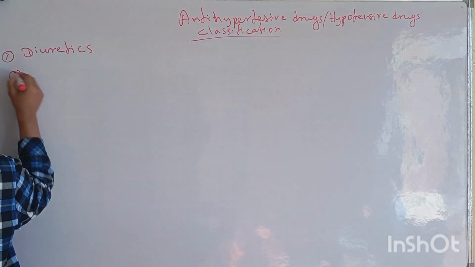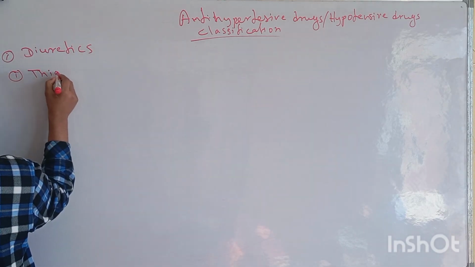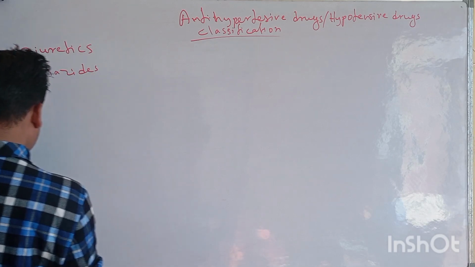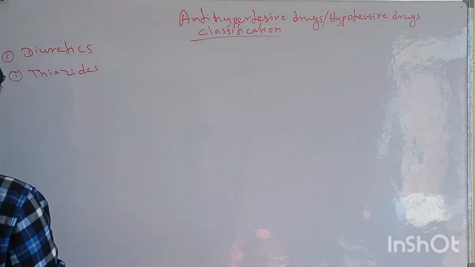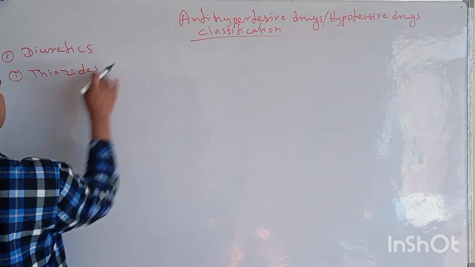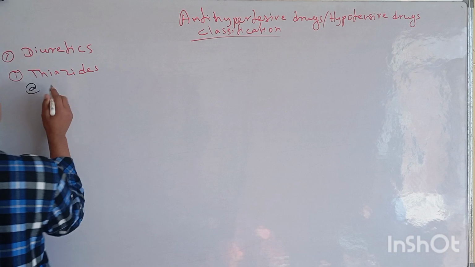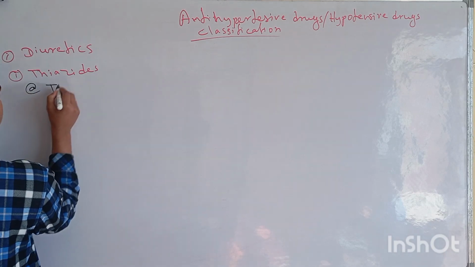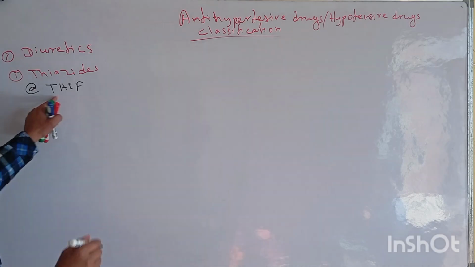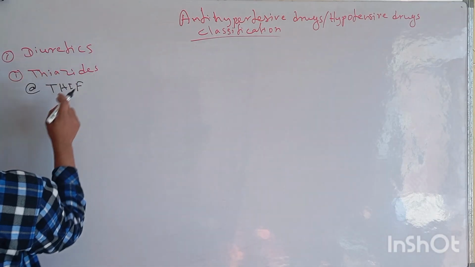One is thiazides. Thiazides. Remember the examples. Remember this mnemonic, THIEF, where T is for thiazides.